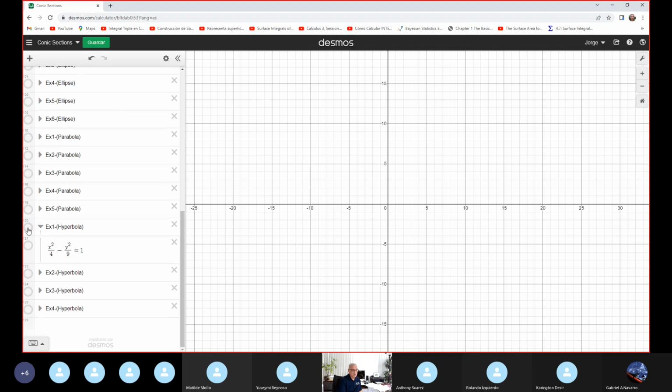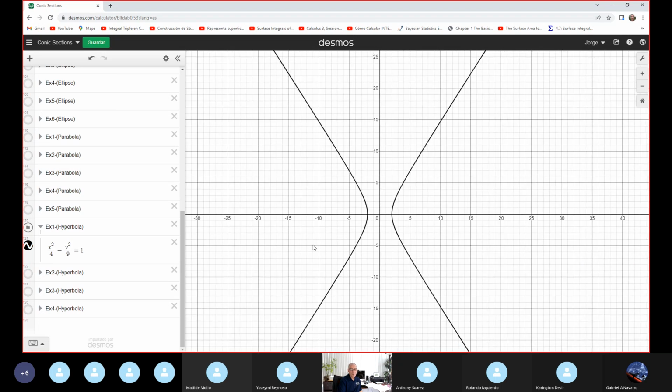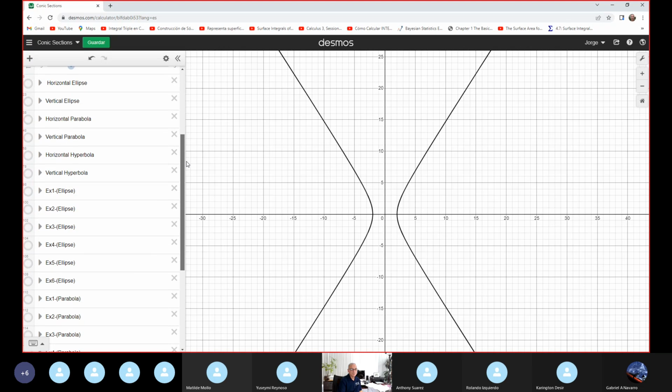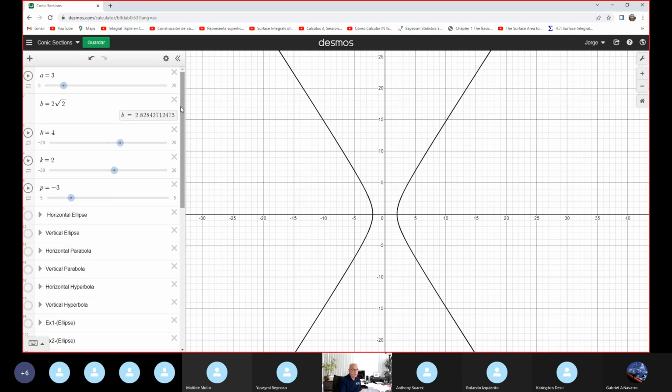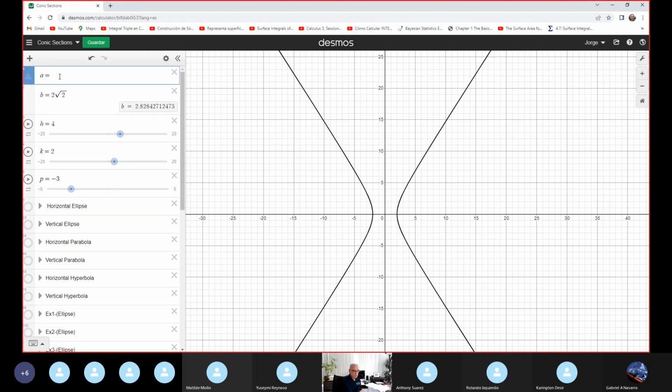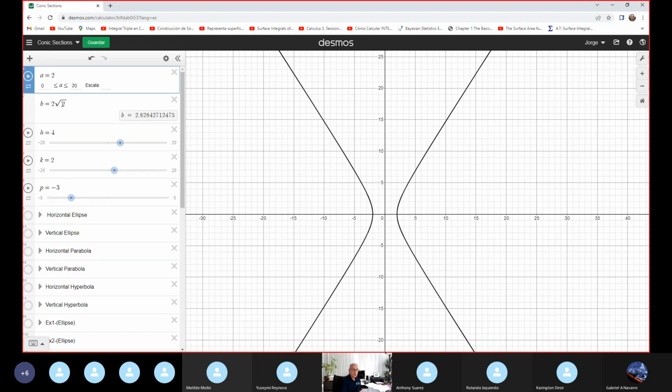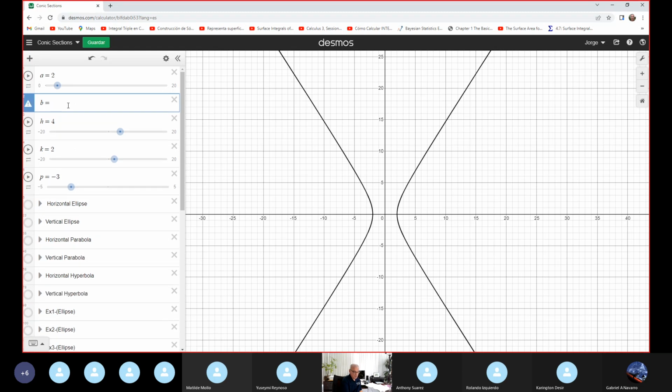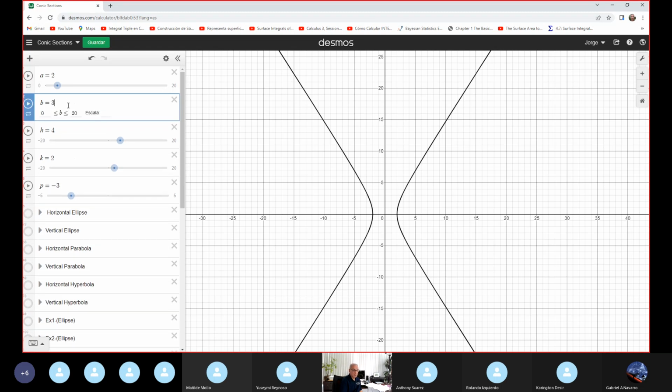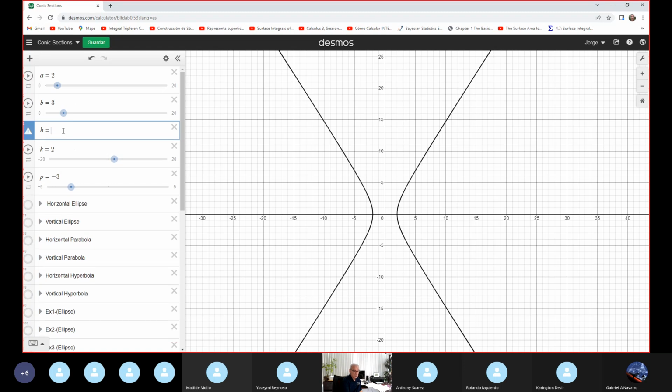Okay, so this is the hyperbola. Boom. Look at that. But I need to determine the famous points. Now, in this problem, A is 2. I change here, 2. B is 3. And H and K both are 0.